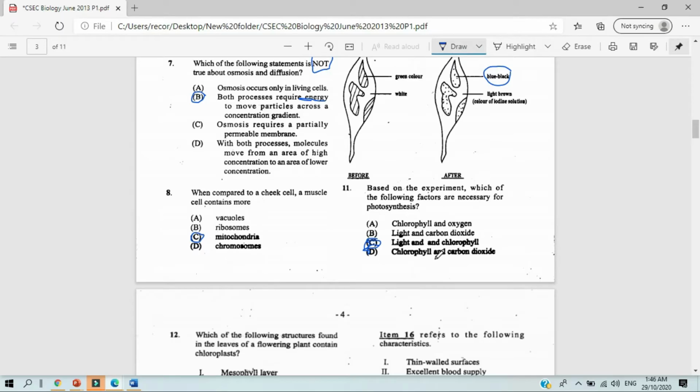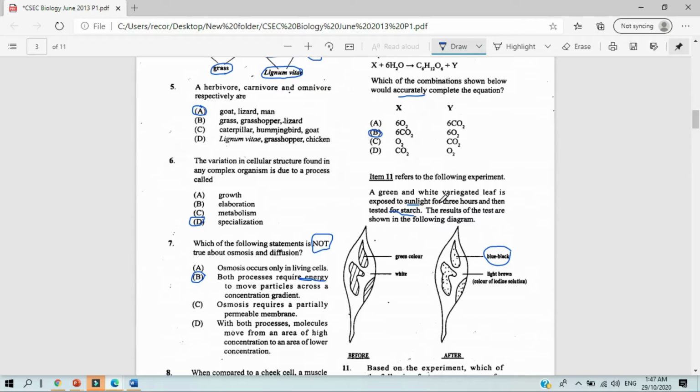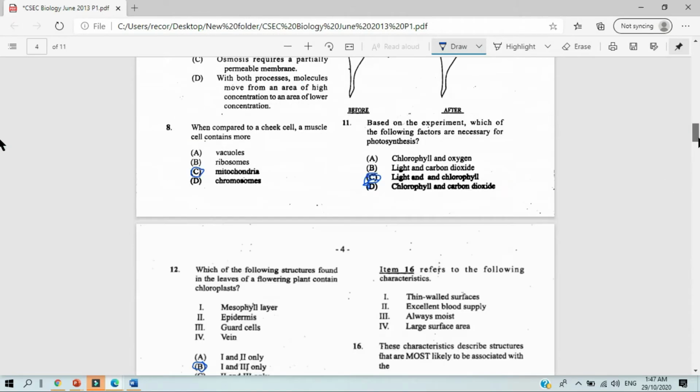However, all the suggestions here have two answers, so we have to go for something else. So we have chlorophyll here, and if we go back to the question, we would realize that sunlight is the other thing being sought. So our answer here is going to be light and chlorophyll. Alright, so C is your answer for that particular question.